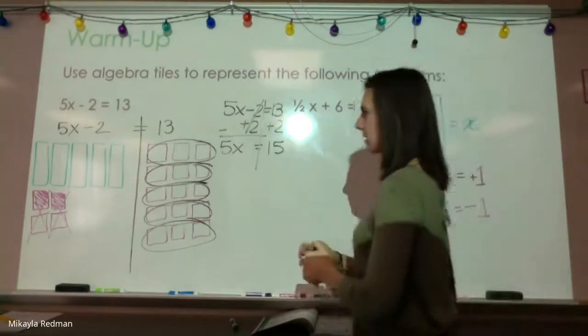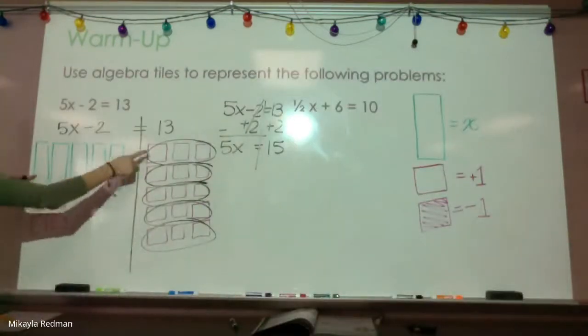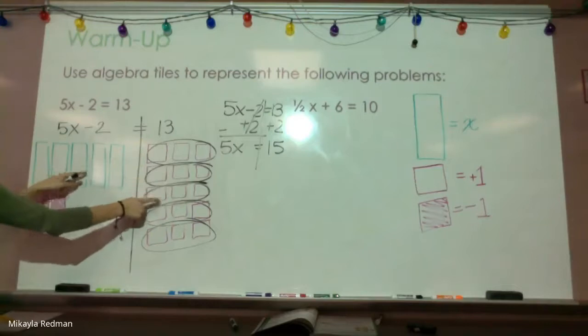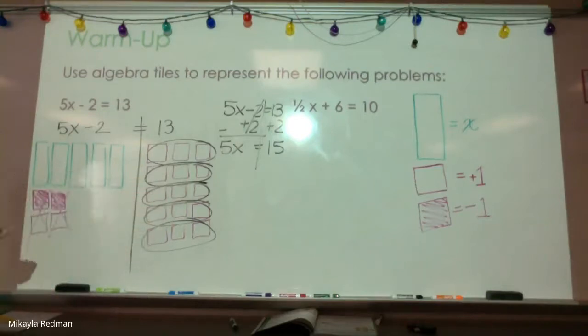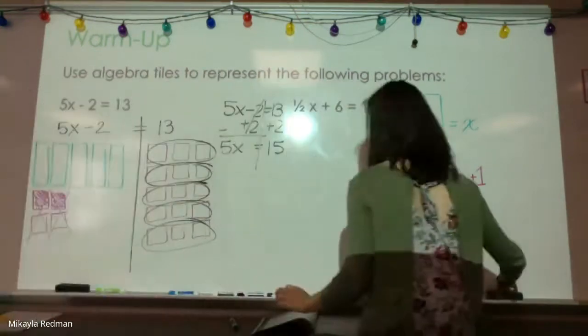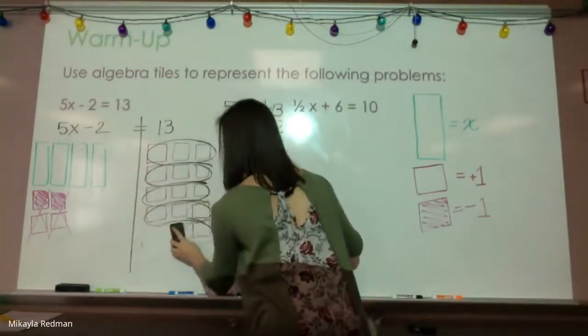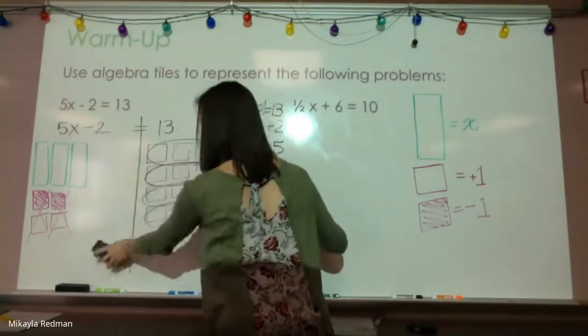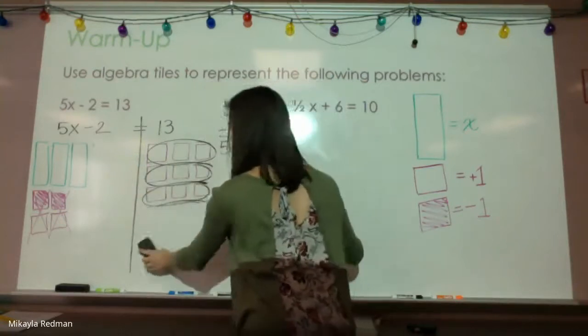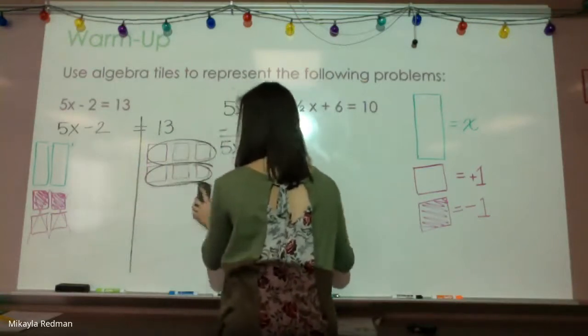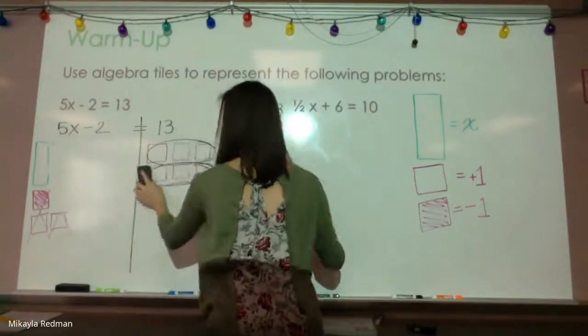So I can see 1x, each x is equal to 3. So if I want to get rid of x, I would get rid of 3 here. If I get rid of another x, get rid of another 3, another x, another 3, another x, another 3.